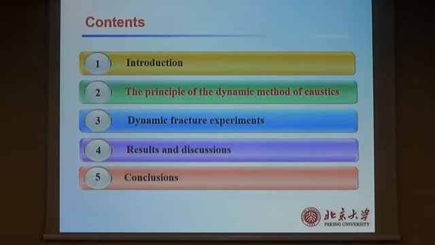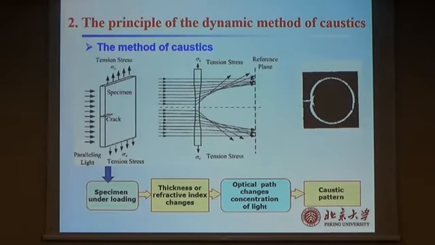I will briefly introduce the dynamic method of caustics. This method is very powerful to study the fracture problem, because it is very sensitive to the stress concentration area, especially around the crack tip. For example, consider parallel light rays incident on the specimen, with the specimen under loading. Around the crack tip there are dramatic changes in thickness and refractive index.